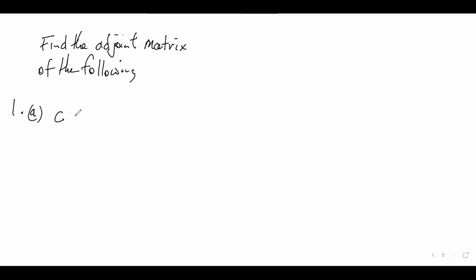C is equal to the matrix with rows 9, 3 and 2, 4. Find the adjoint, put it in the chat. Put your answers in the chat.